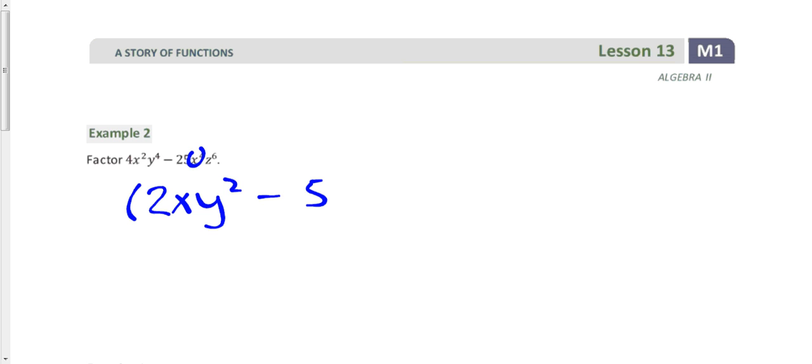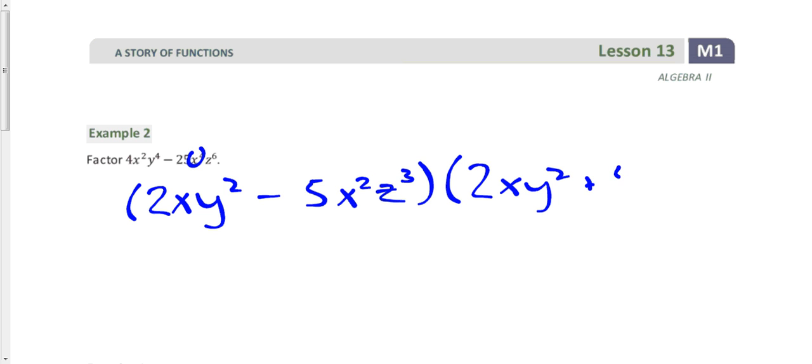What about this guy? X squared z cubed, right? And if I got minus here, then what's the next term? 2xy squared plus 5x squared z cubed.